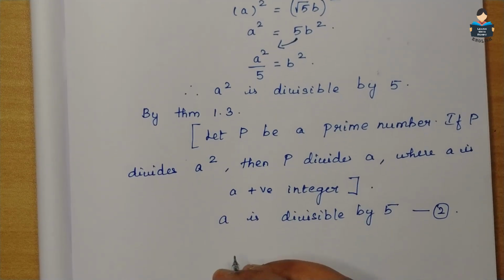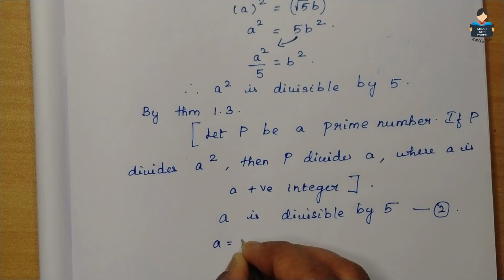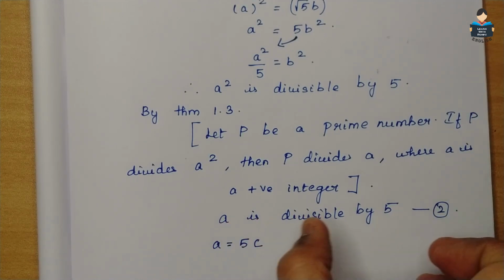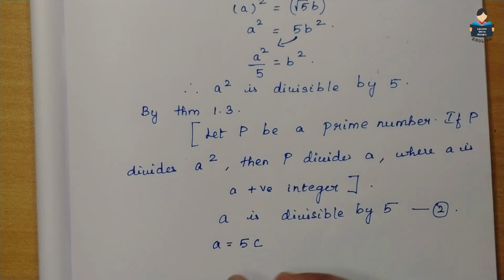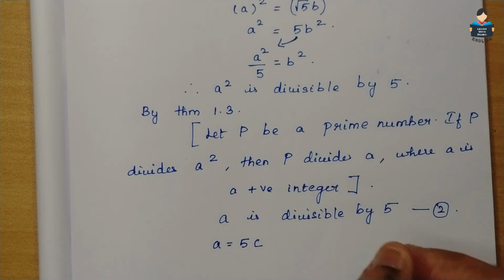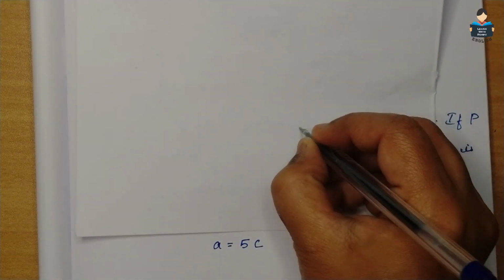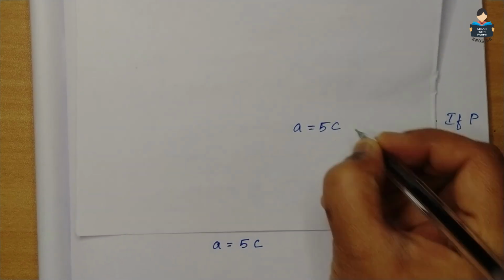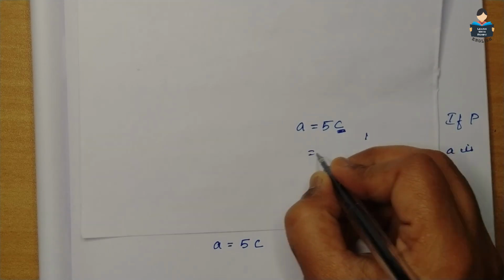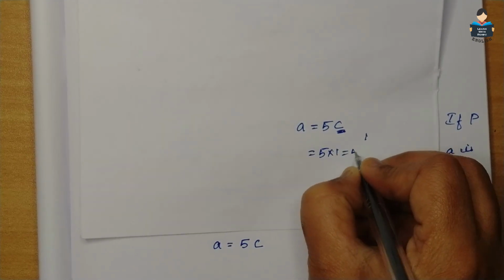Now I am taking A equal to 5C. That is, we have written by this theorem that A is divisible by 5. This means that A will be equal to 5 into some integer value. When I take A equal to 5C, in place of C, if I put 1, I will get 5 into 1, which is 5.